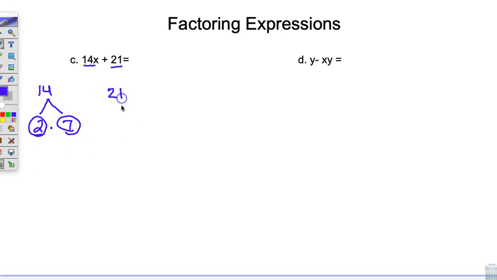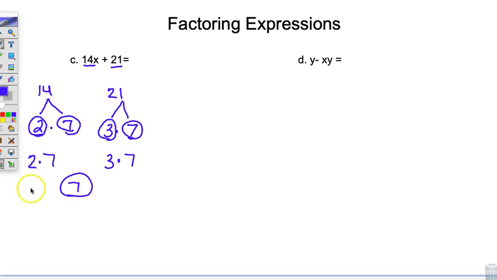For 21, I can break that down into prime numbers 3 times 7. Now I'm going to look at them and see what they have in common. The prime factorization of 14 is just 2 times 7. The prime factorization of 21 is 3 times 7. So if I compare them, they have a 7 in common. So that must be the greatest common factor.